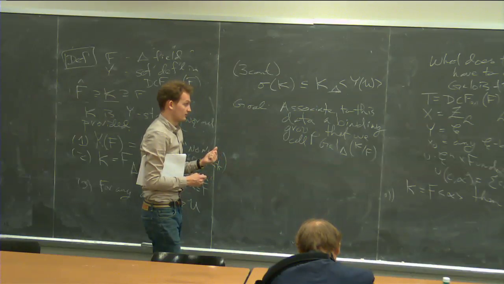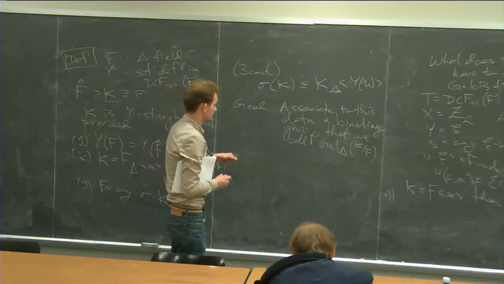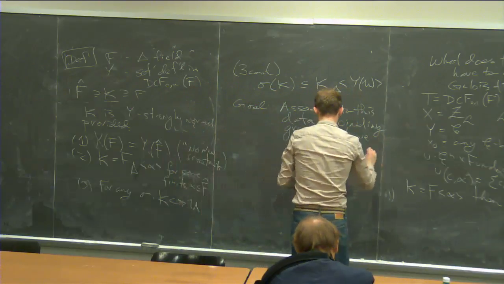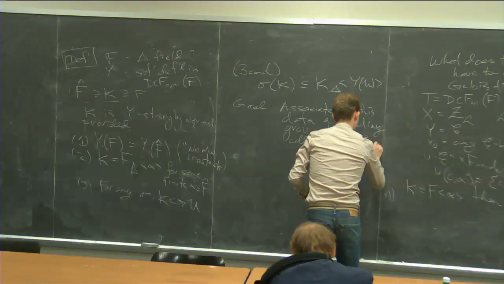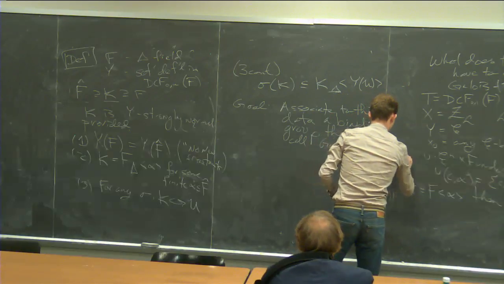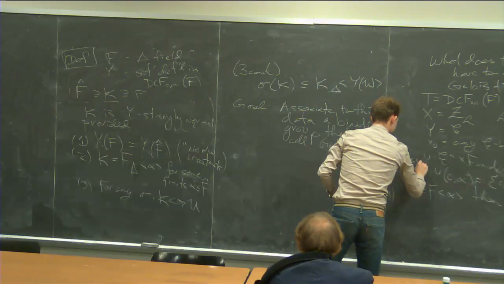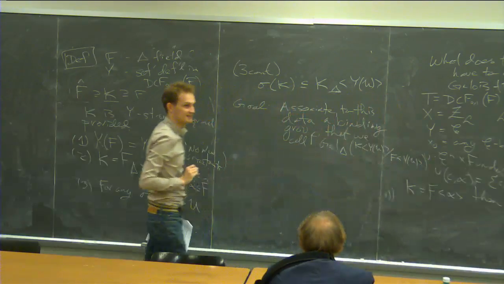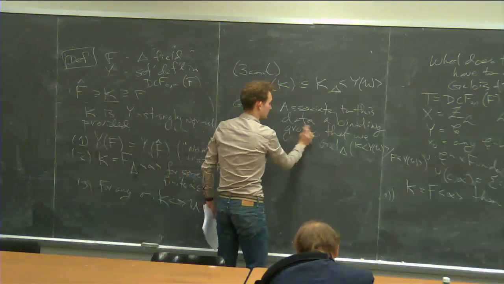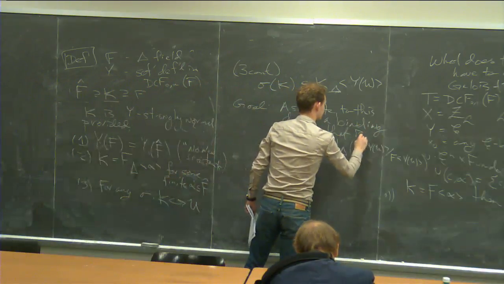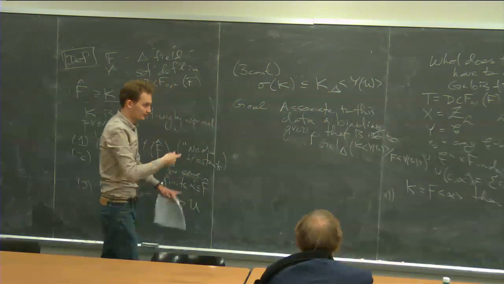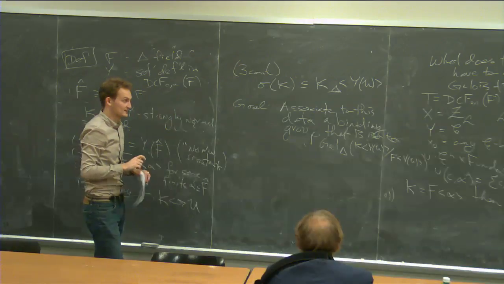Even though sigma takes K out of K? Oh, sorry. Yes. So we want a binding group that is isomorphic to this Galois group that appears in the usual strongly normal setting.